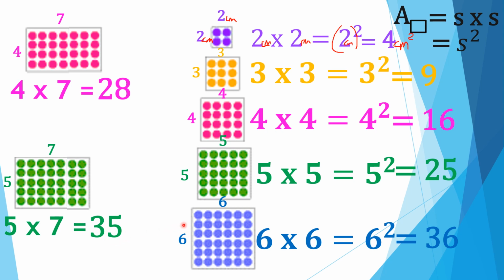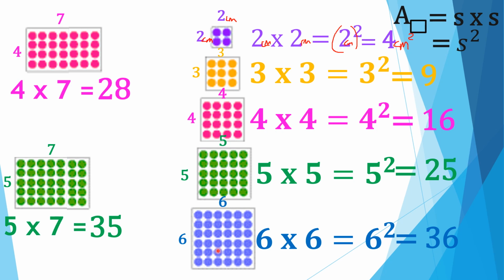Look at the figures. Numbers 4, 9, 16, 25, and 36 form a perfect square, while the numbers 28 and 35 do not form a perfect square. One property of a square number or perfect square is it can be represented by a square array.